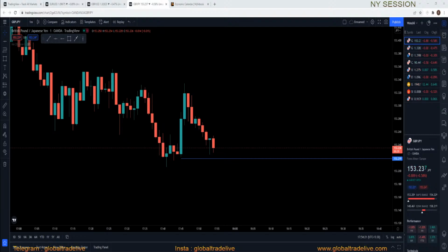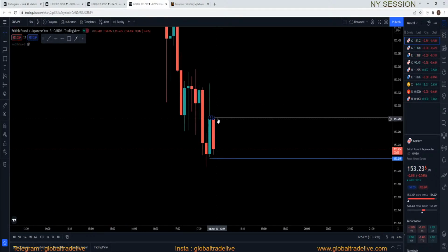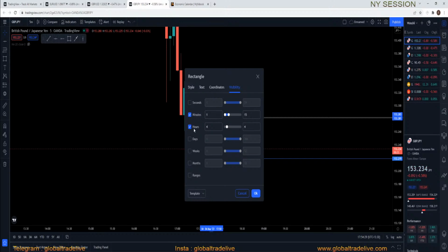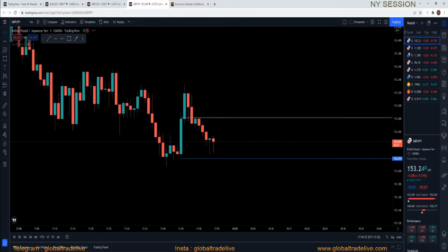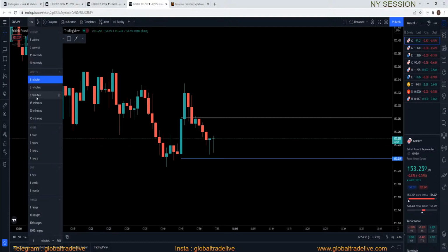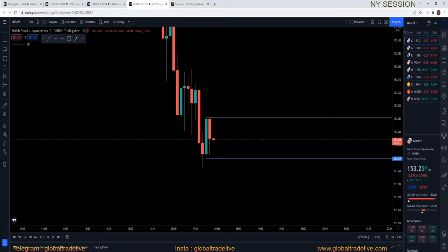Okay, let's get ready. Five-minute candle just closed over here, and the new 5-minute candle is pushing down. So after 5 minutes, they will be closing off the 30-minute candle.